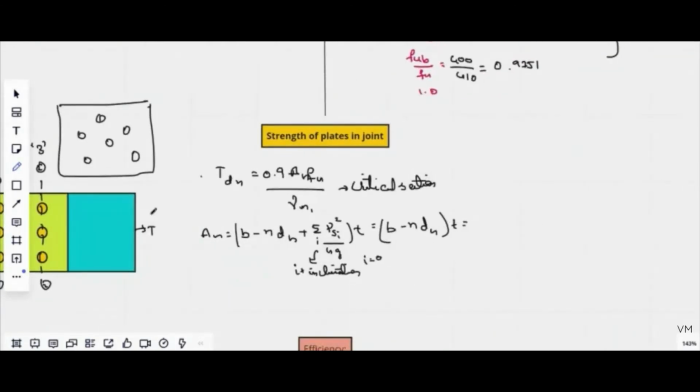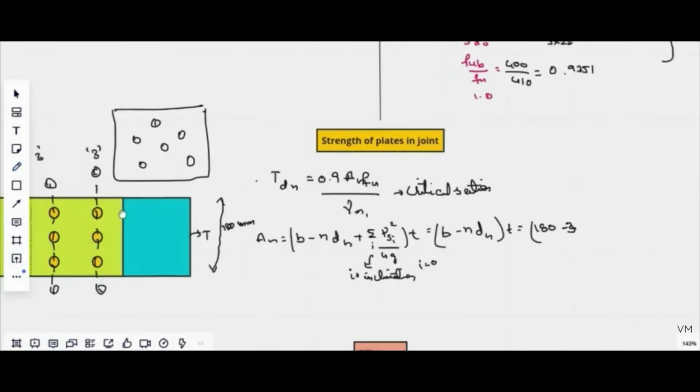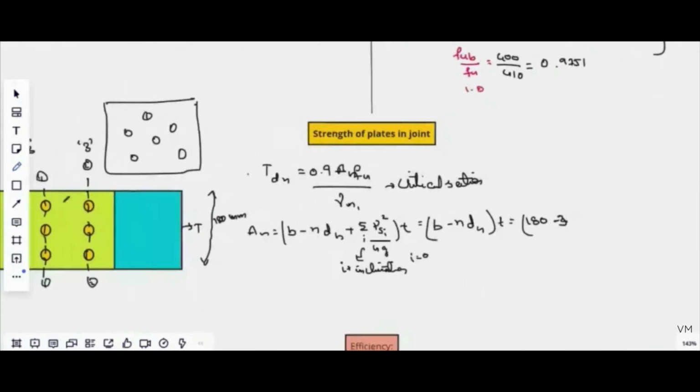B, the value of width in the question given as 180 mm, 180 minus n, which is three bolts in a section. Either I take section 1-1 or I can take section 2-2. Generally, how we select this section, the failure will occur like this. This is my first bolt.